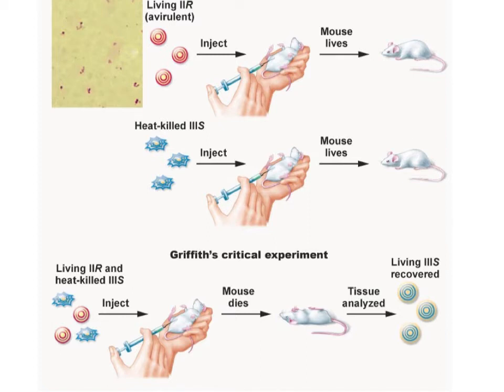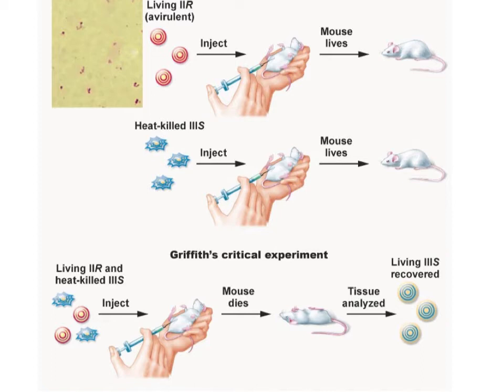Okay. And this made very clear to Griffith that the information that was in those heat-killed virulent 3S pathogens was somehow transferred to the avirulent 2R strain, converting them to a virulent form that then killed the mouse. Now, this probably doesn't surprise you much given what we covered in the previous chapter with the movement of information between bacteria.